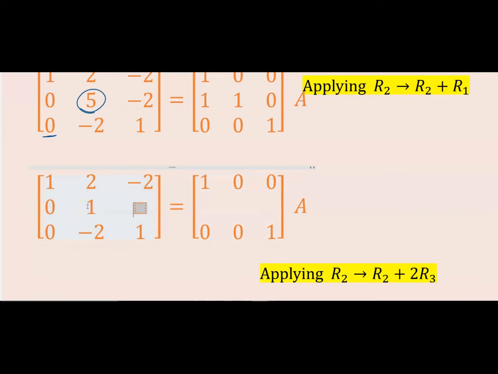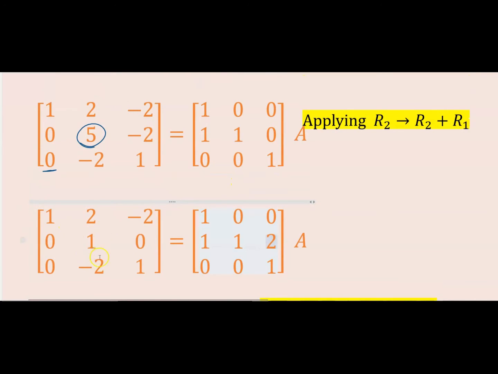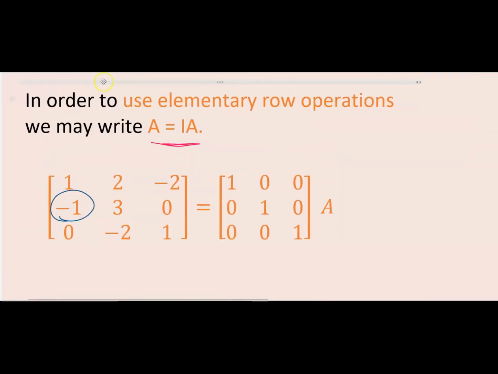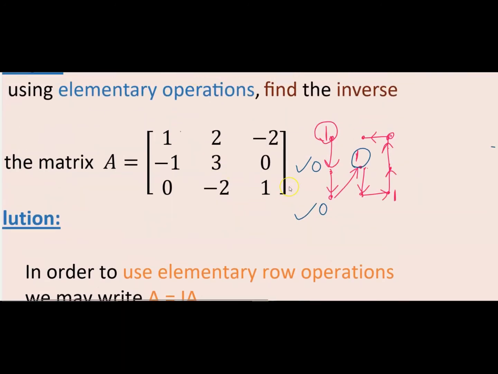The same operation for the next will give 0. On the right hand side, applying the operation, this will be 1, this will be 1, and this will be 2. All right, so according to the pattern, this entry is now done.